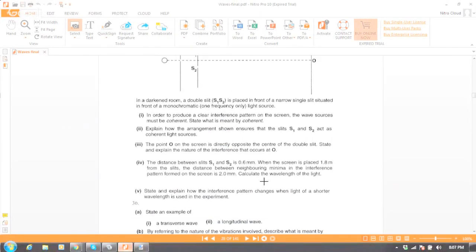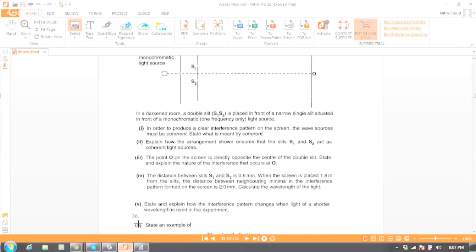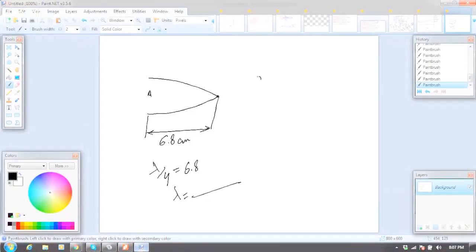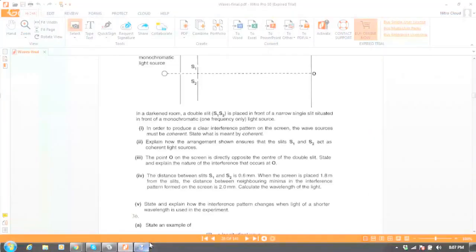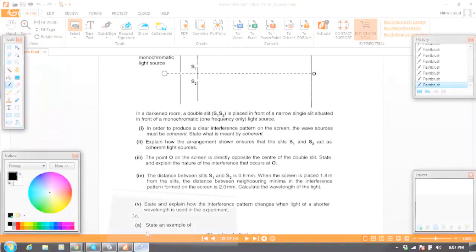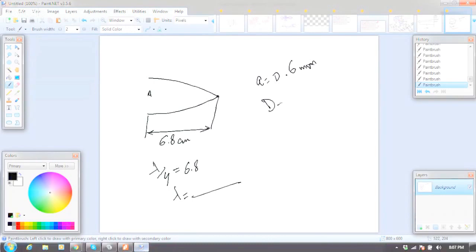The next part is the distance between S1 and S2 is 0.6 millimeter. Let me write this value. The value of a is 0.6 millimeter. And when the screen is placed 1.8 meter from the slits, capital D is 1.8 meter.